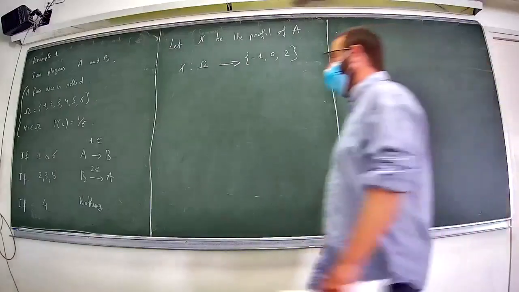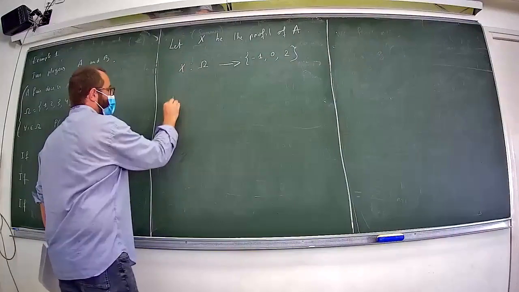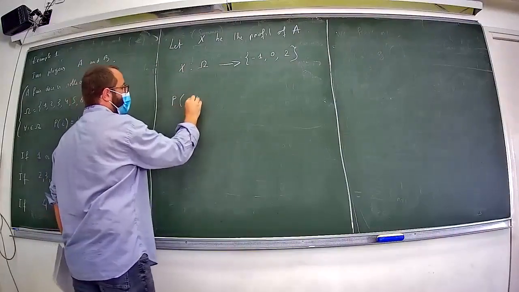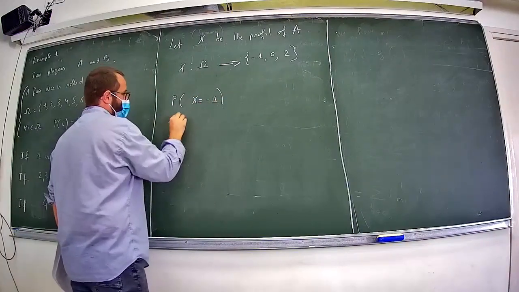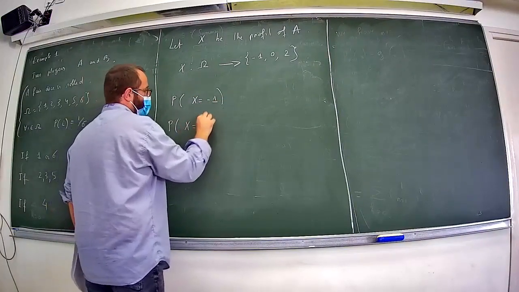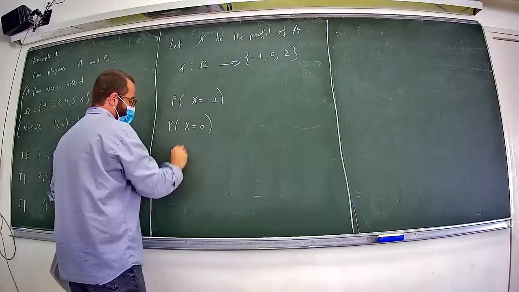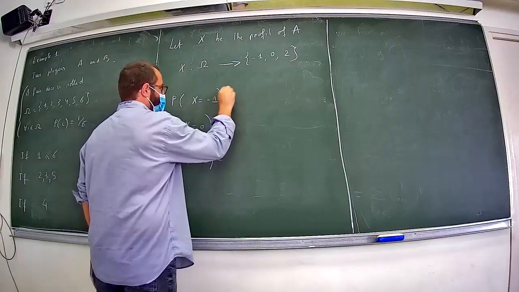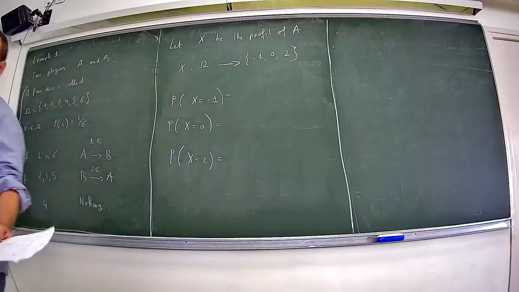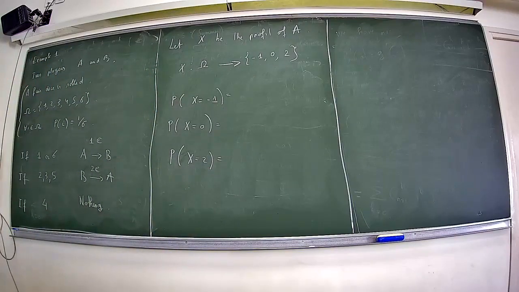My question is the following. What is the probability that X is equal to minus 1? What is the probability that X is equal to 0? And what is the probability that X is equal to 2? For minus 1: 1 over 36?